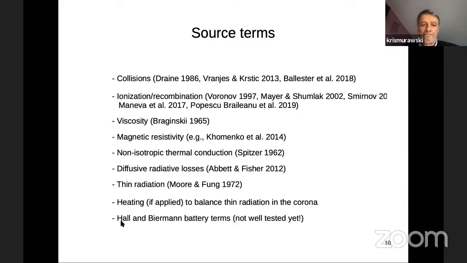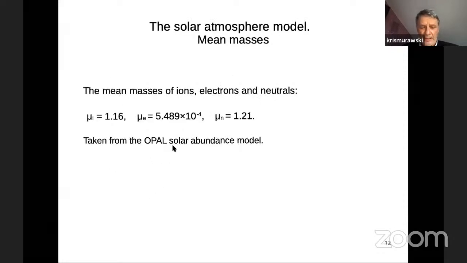Okay, and we use the OPAL solar abundance model, in which the mean masses of ions, electrons, and neutrals are evaluated like that. You see that we don't take the mean mass of ions to be just the hydrogen mass; we take into account some other plasma constituents.